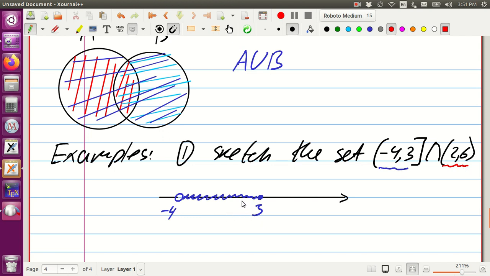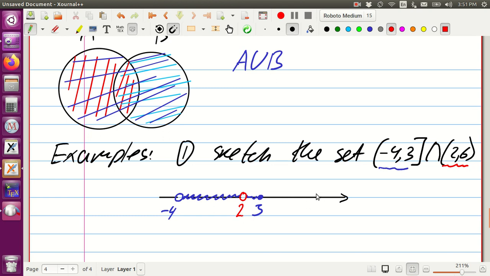So 2 is on the left side of 3, so it's going to be over here. So this is going to be 2.